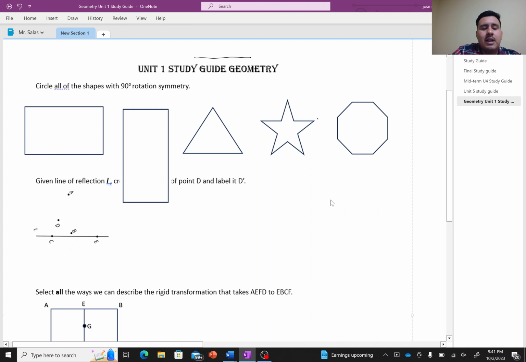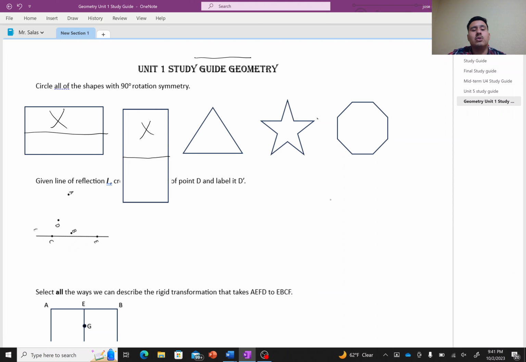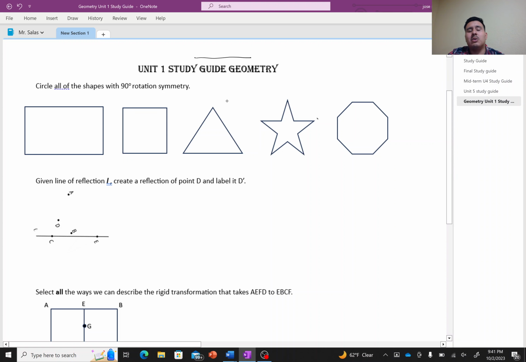The final thing I have to look at is if I cut it directly in half the same exact way, does the top half look identical to the top half of the other rectangle? My answer for this question is no. Why? Because this top half looks more like a square, while this top half looks more like a rectangle. So a rectangle does not have 90-degree rotation symmetry.